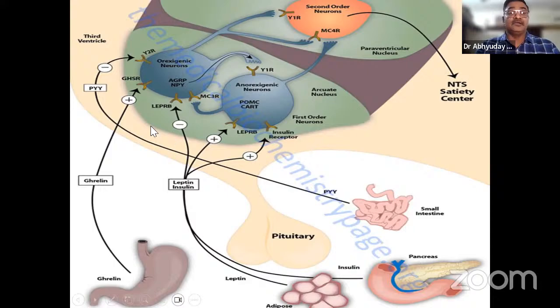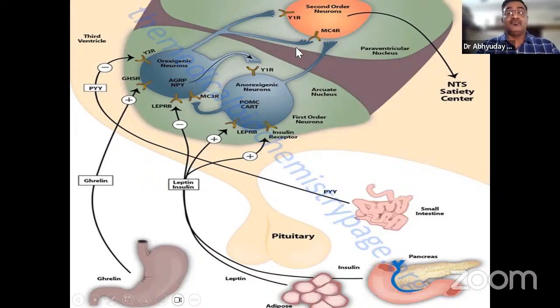You can see here, it looks quite busy, but down here we have insulin from the pancreas, PYY from the small intestine, then we have leptin and insulin, leptin from adipose tissue, and ghrelin from the stomach.